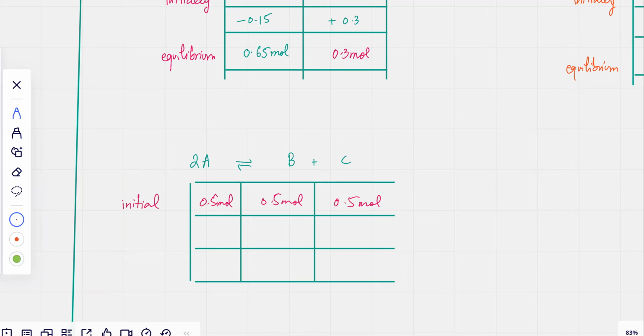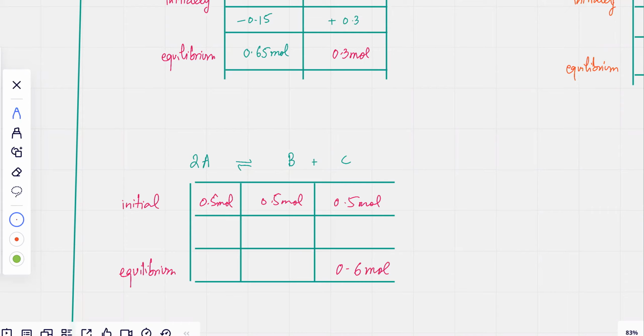Then at equilibrium, once a lot of forward and backward reaction has happened and the rate of forward became equal to the backward reaction, I opened the container after several days and found there was 0.6 moles of C in my container.